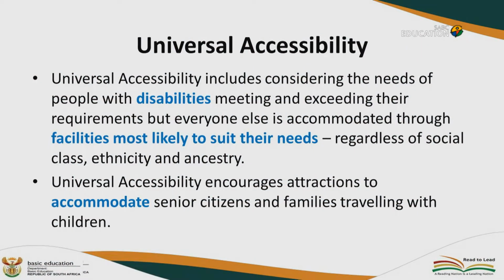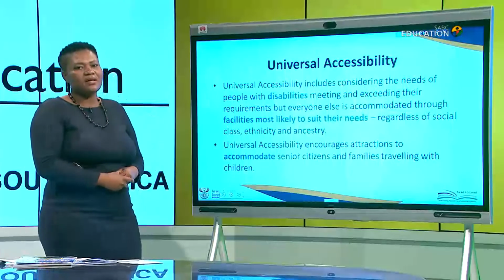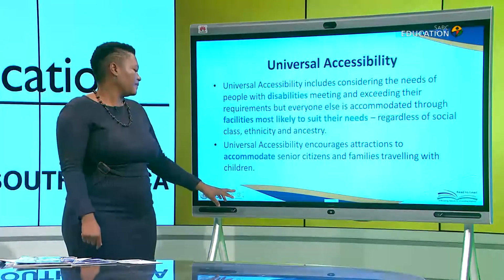Universal accessibility considers the needs of people with disabilities, meeting and exceeding their requirements, but everyone else is accommodated through facilities most likely to meet their needs, regardless of social class, ethnicity, and ancestry. Universal accessibility encourages attractions to accommodate senior citizens and families traveling with children. I've explained that. I've hammered on it. Universal accessibility includes everyone, while considering the needs of people with disabilities only includes people living with disabilities.